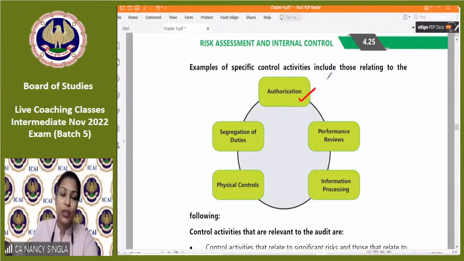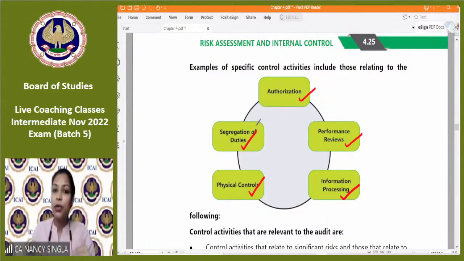We saw that sales order need to be approved, performance review, comparison of budget with the actual, information processing by way of general entries, physical control, when register entries in the factory register or the monitoring by the CCTV cameras are there, segregation of duty. The entire example that we took has been performed by different personnel.